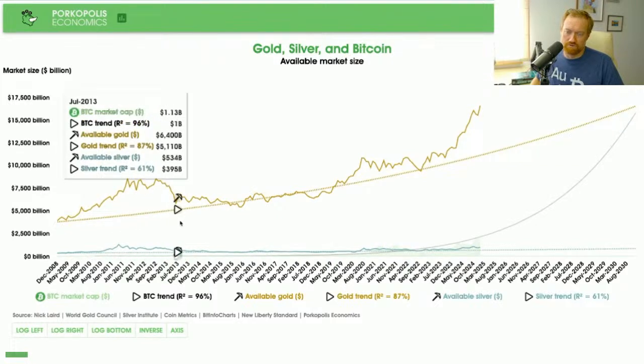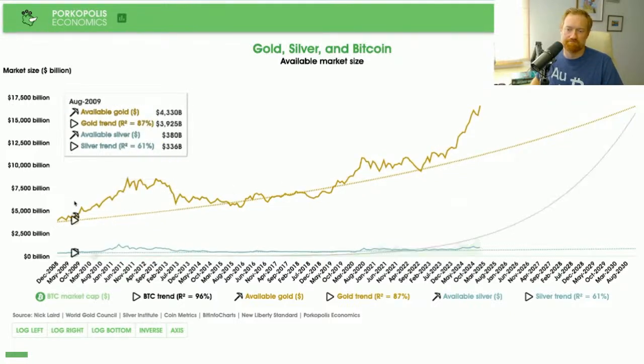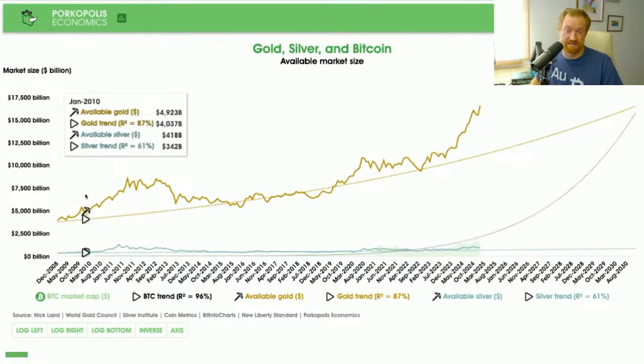The gold R squared is 87%, silver 61. Not a great R squared, but there's nothing better. So again, silver is a more volatile market, it's industrial influenced, all the rest. And by the way, actually, it's better over the longer term. I think this is only since 2008, so that as well makes it not look as good.